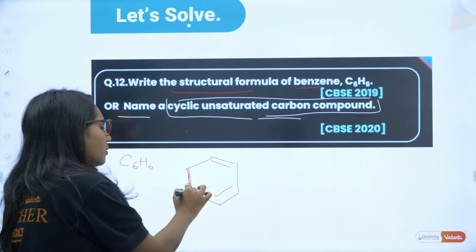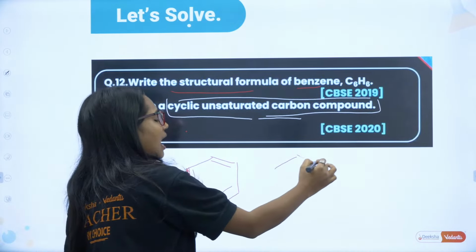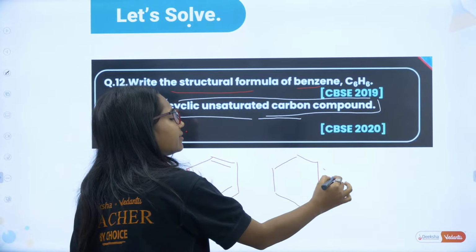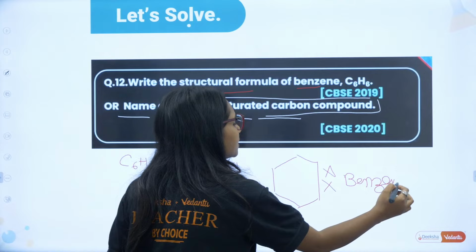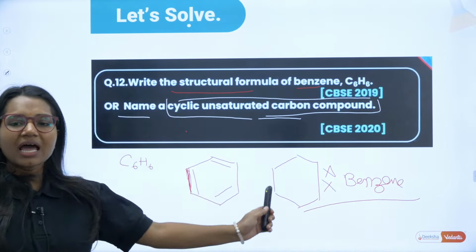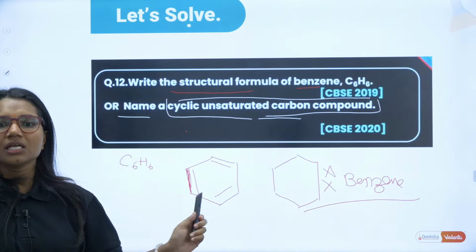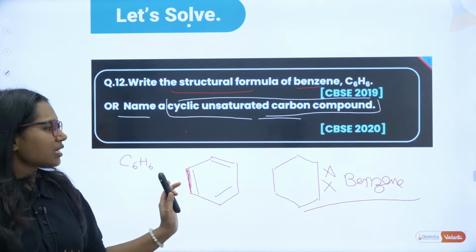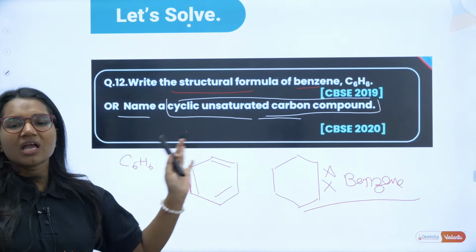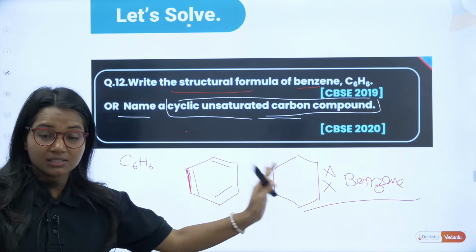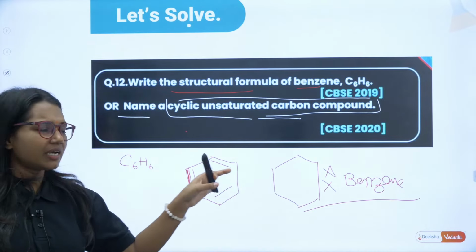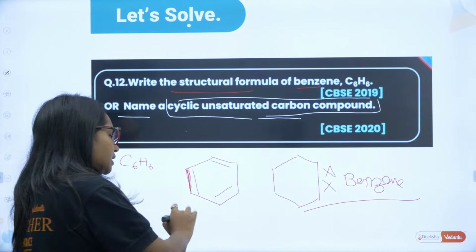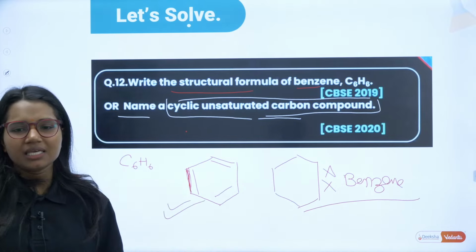Don't forget to put the double bonds. Don't think that this structure is also benzene. This is not benzene. Don't make this mistake. If you write this structure, you are going to get 0 marks. Don't just assume that because we have not put double bonds, we can still get half marks. No, it is a completely different structure. So this is the structure of benzene.